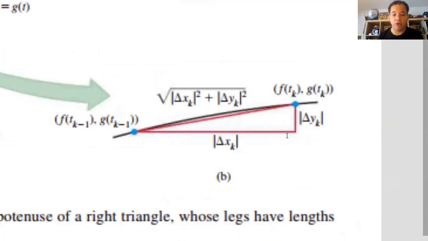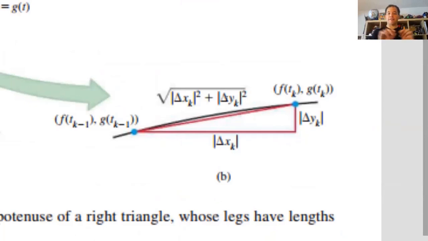Horizontally is the change in x, and vertically is the change in y. So by the Pythagorean theorem, this length is the square root of the change in x squared plus the change in y squared.